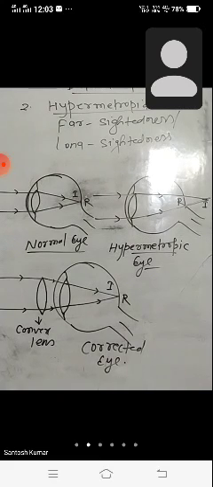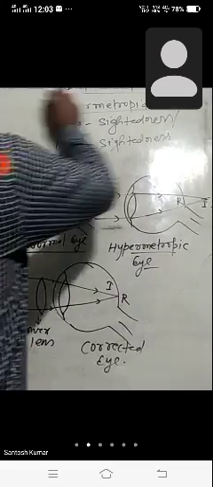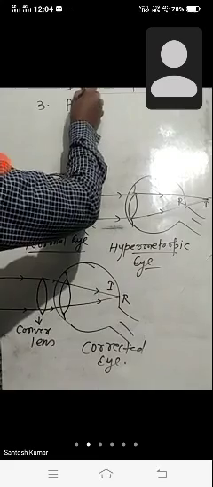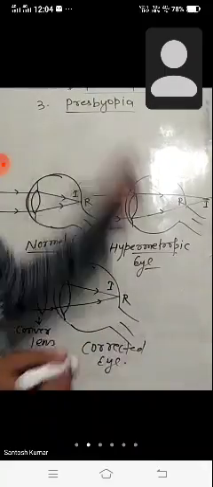Now we need to move forward with the third one. That was presbyopia. Just see the third one is presbyopia. Here we are not going to draw any diagram.